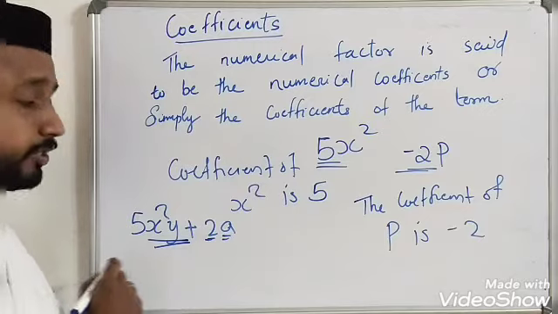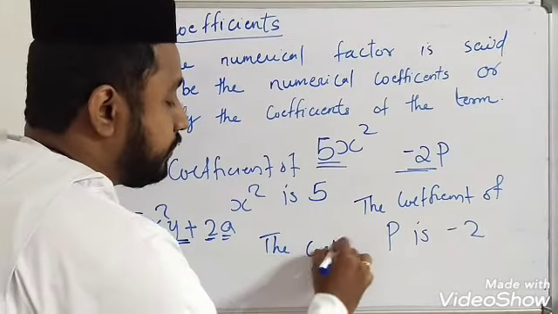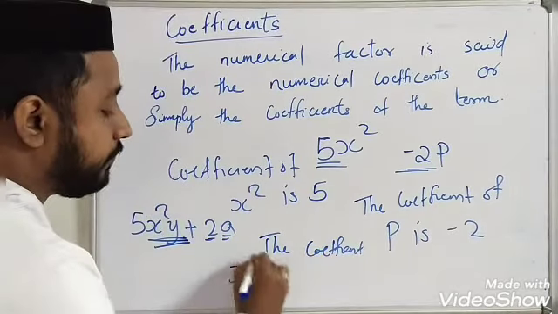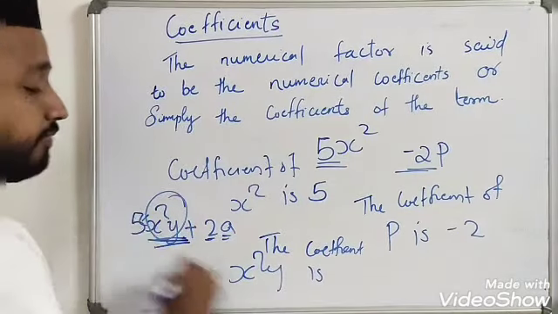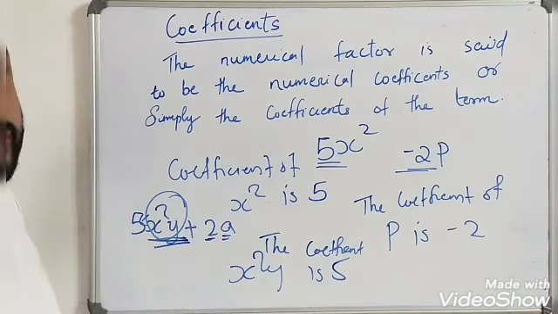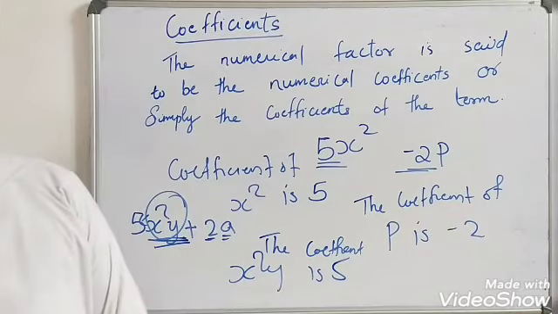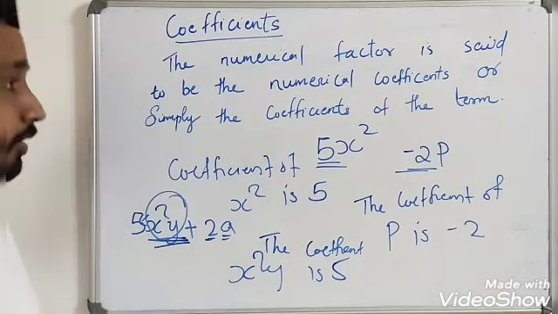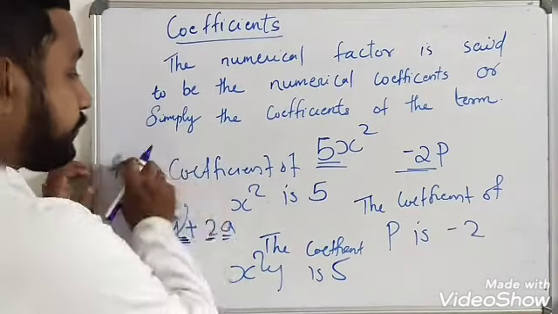So the coefficient of x square y is 5. What about the coefficient of a? The coefficient of a is 2. So the numerical factor is said to be the numerical coefficient or simply the coefficient of the term.